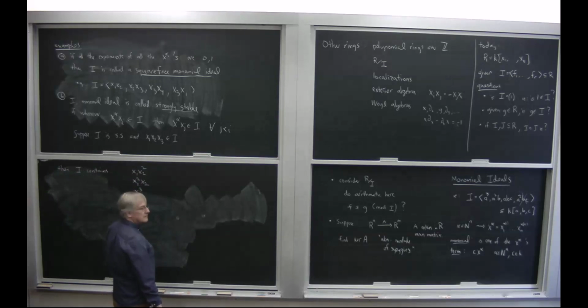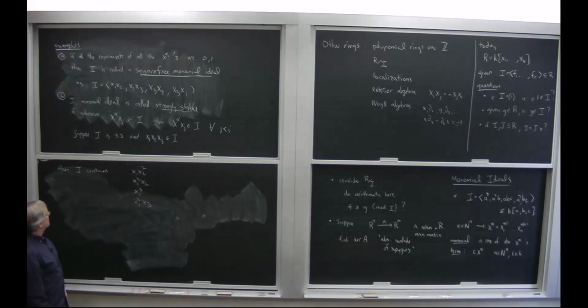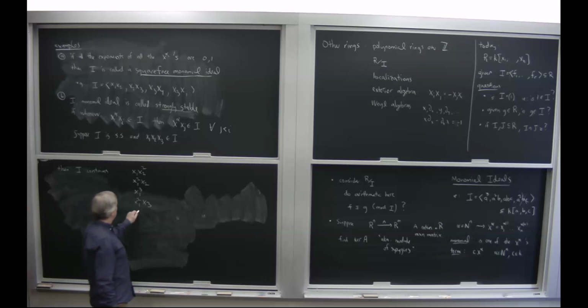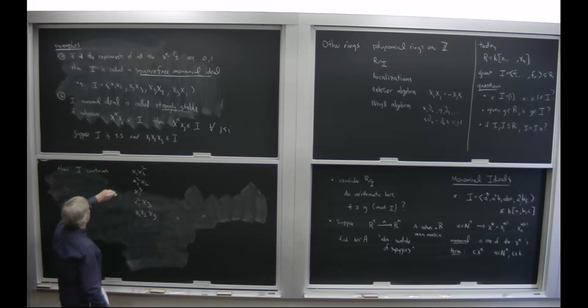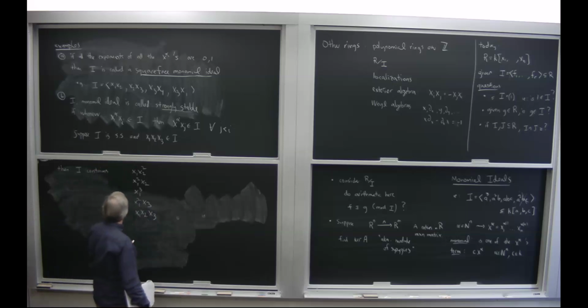Yep. x1 squared, x3. Four, five. We're missing one. Oh, we're missing x1, x2, x3. Okay, so in fact, this would be the strongly stable ideal generated by that one: you take that and all other monomials inside of there.